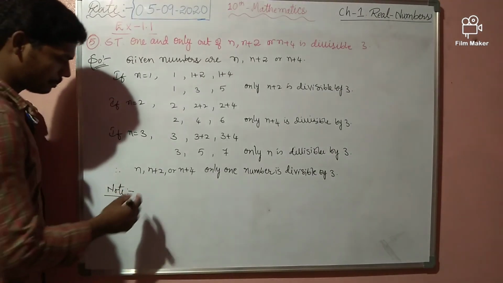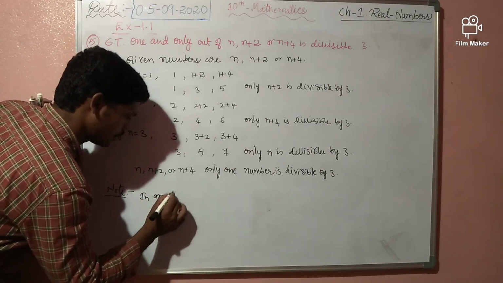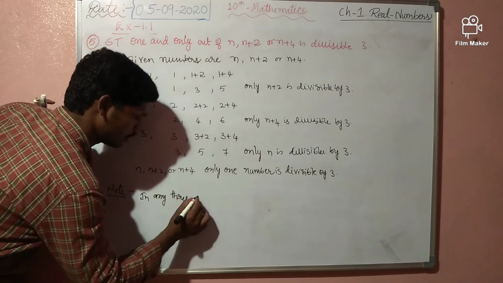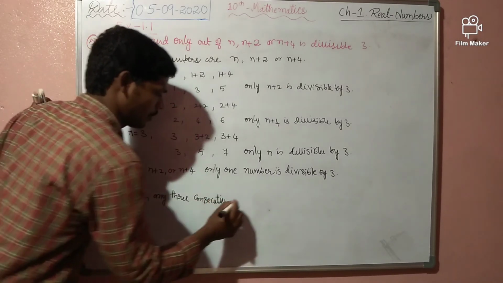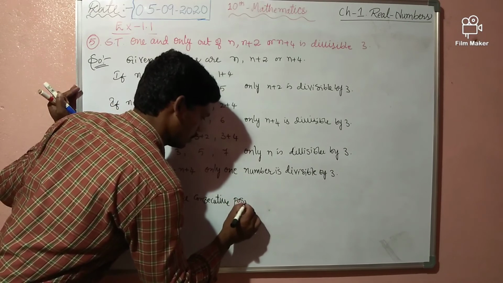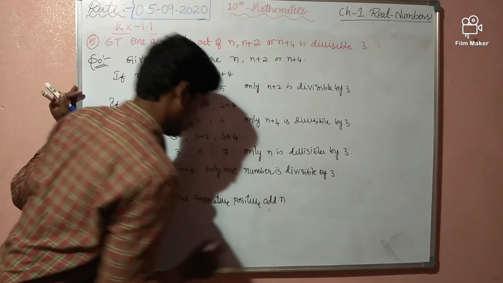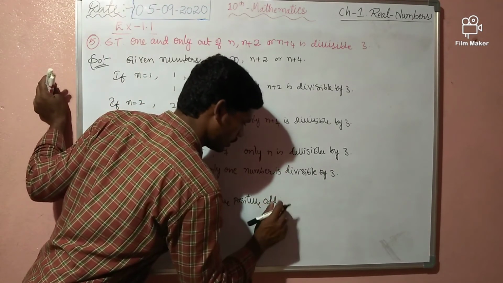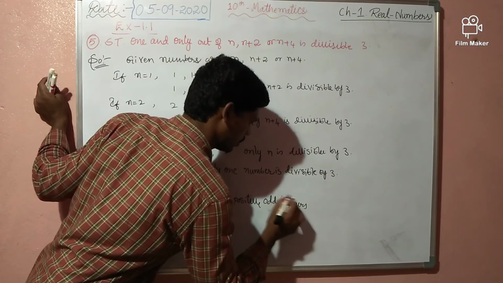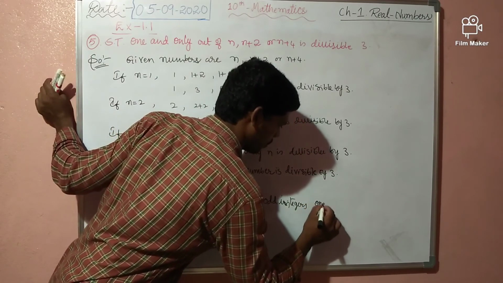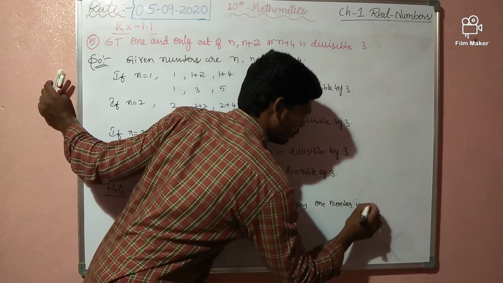Here the note is: in any three consecutive positive odd integers, one number is a multiple of 3.